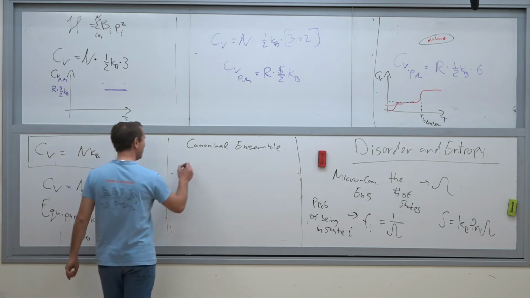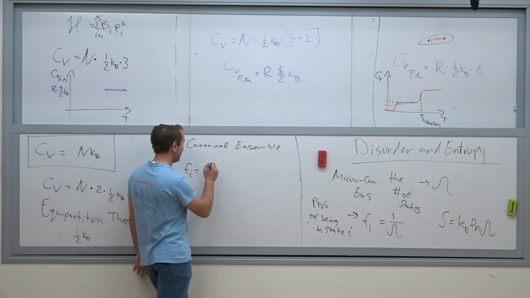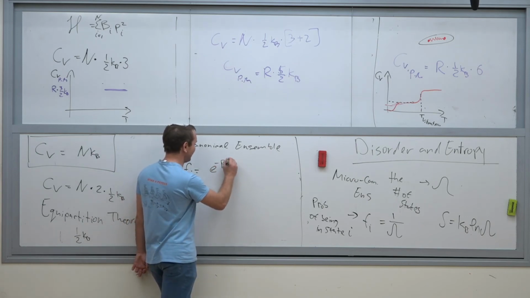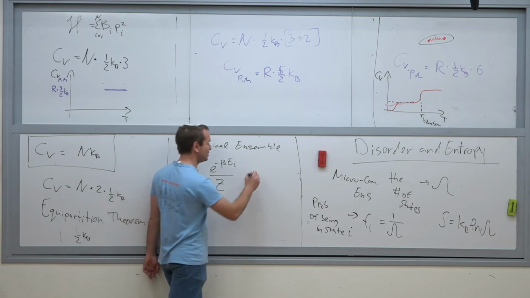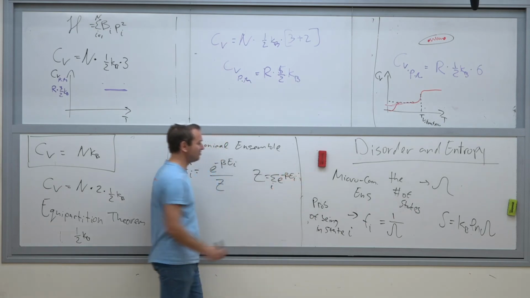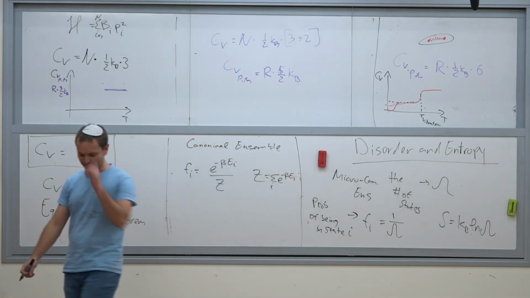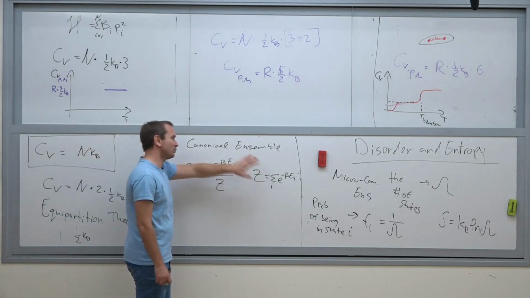And what we have shown is that Fi was e to the minus beta Ei divided by Z. Z is our partition function, where Z is a sum over i of e to the minus beta Ei. This was our starting point, and this is the main result for the canonical ensemble.